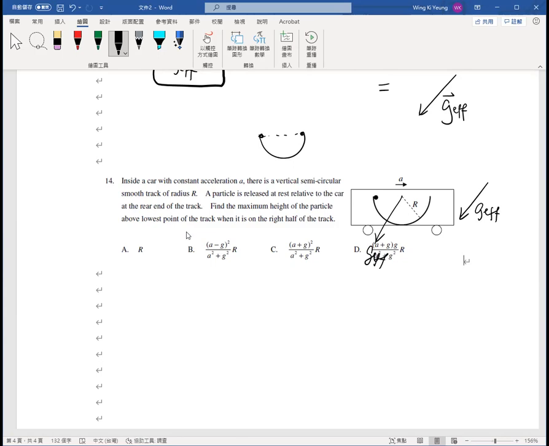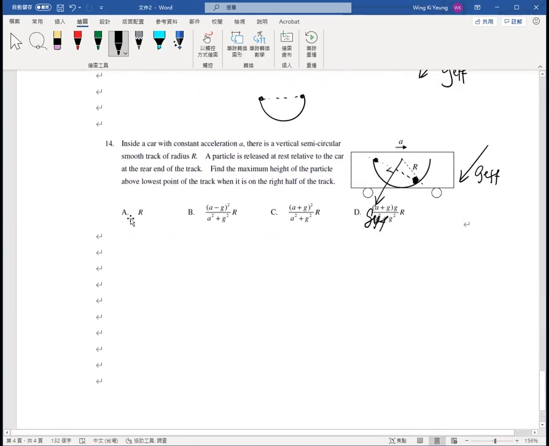Right now the gravity is tilted by some angle, but it still goes to the same height. Then the question becomes an entirely mathematical question. You solve it and then give me your answer. But the answer of course is not A.